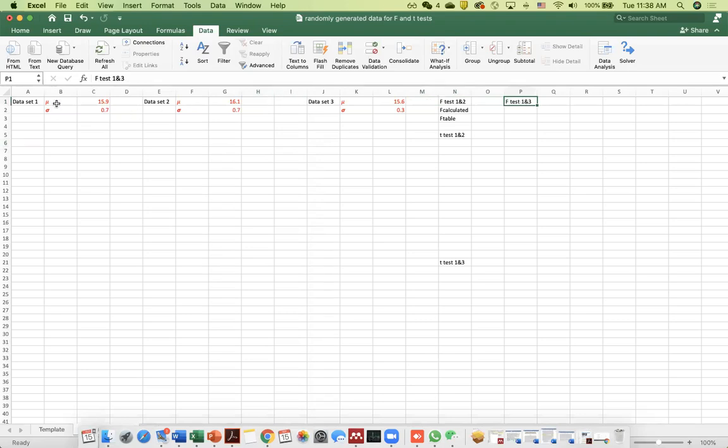For data 1 and 2, it should tell us these 2 have the same standard deviation and the same variance. But for 1 and 3, they are different, so the F-test should tell us they're different. I'm doing this just to show how reasonable this F-test is.